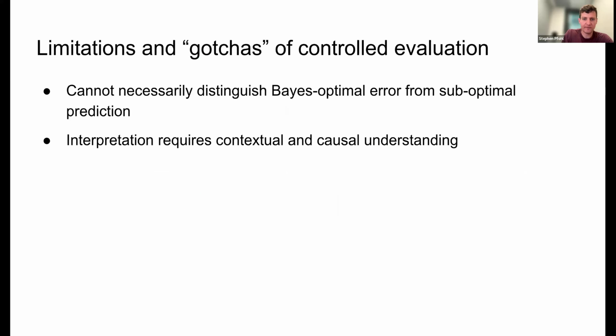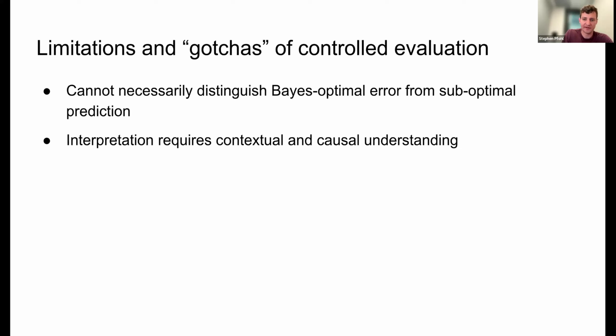So I want to mention a few major challenges to interpreting these evaluations. The first is that these procedures can't really tell the difference between cases where performance differs across groups due to failure to fit the data well for some groups, from cases where there's some difference in performance of a model that is optimal or close to optimal due to structured differences in the distribution.